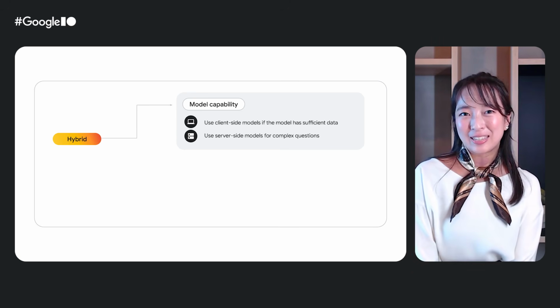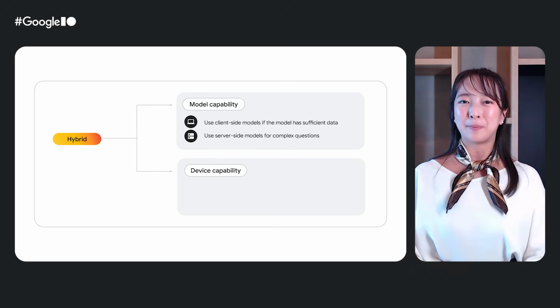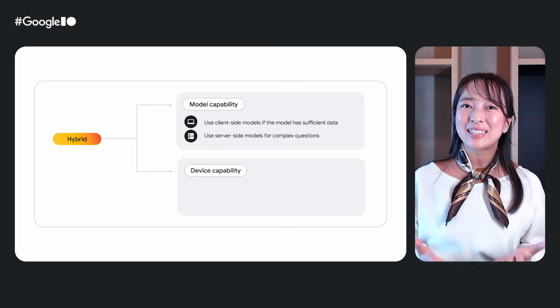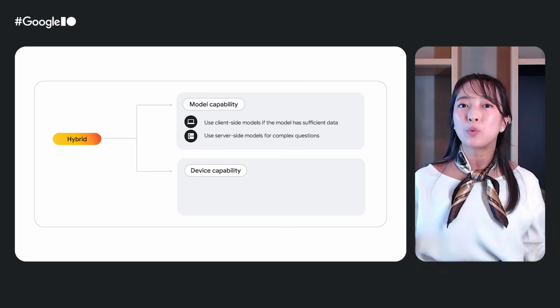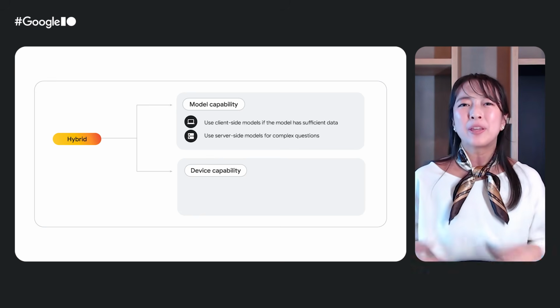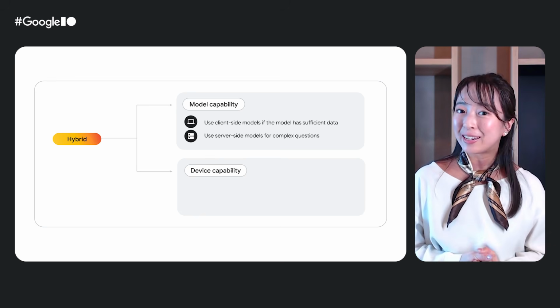Another reason for using the hybrid approach is device capability. Let's say you want to make your AI features accessible to everyone on your platform, but your users might be using a variety of devices. In such cases, you might want to decide whether to run the model depending on environmental factors.